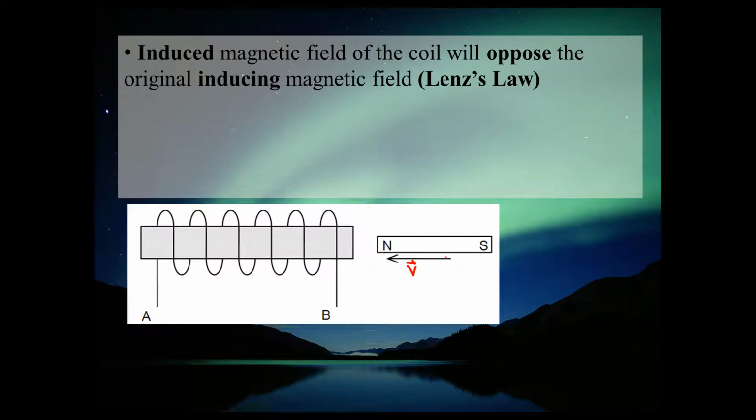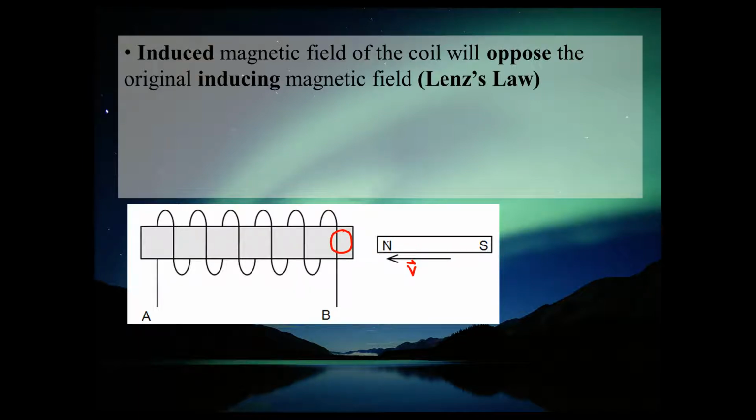So what I want to identify here is, if there's a magnetic field produced by the solenoid, it's going to induce polarity on this ferromagnetic core. Now, if I look at this end of the bar magnet inside of the solenoid, in order to oppose the motion of this bar magnet, what pole would this need to be?